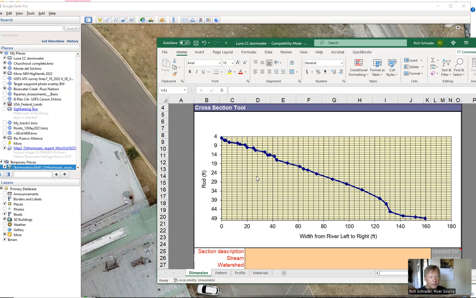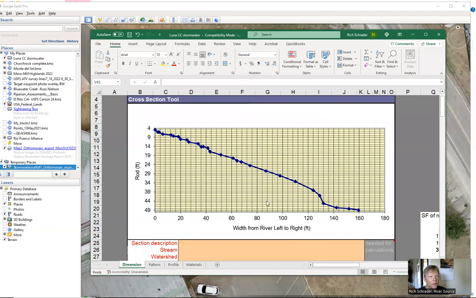Generally it's about a 30% slope, I think we calculated, which is right at the edge of what they call the angle of repose for soils. Then it really gets deep right there, and it drops 4, 5, 6 feet until this point right here.